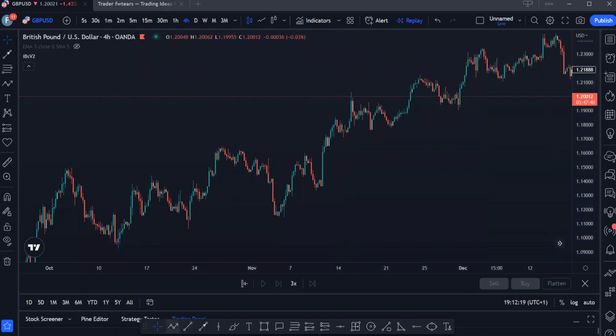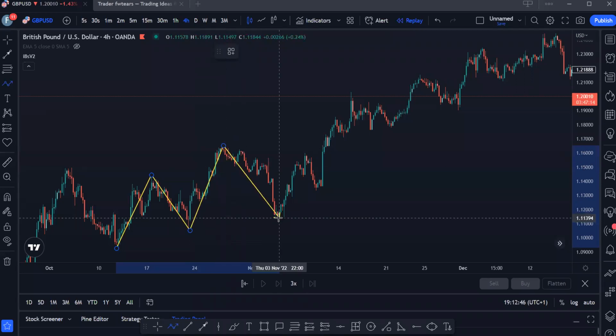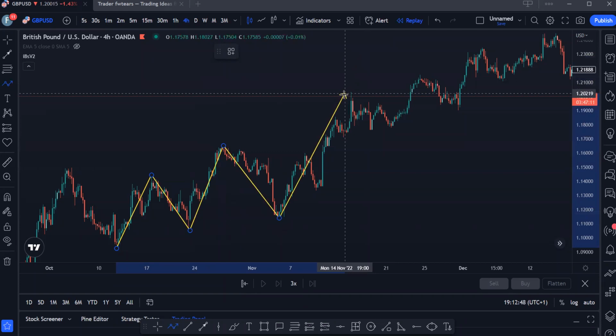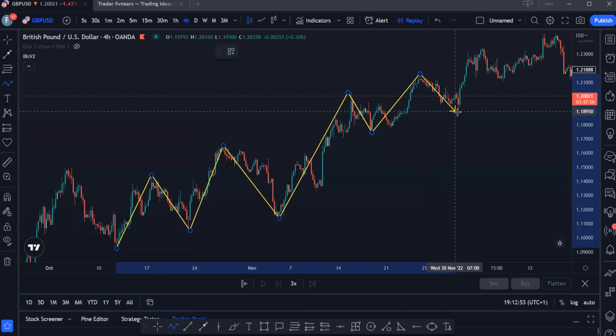So how do you identify an uptrend? You can see this: you have an impulse move, correction, impulse. If you want to go deeper into the frameworks, this is a higher high, higher low, higher high, higher low, higher high, higher low, higher high.